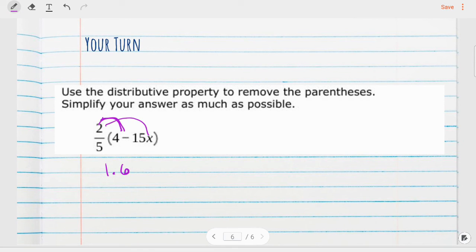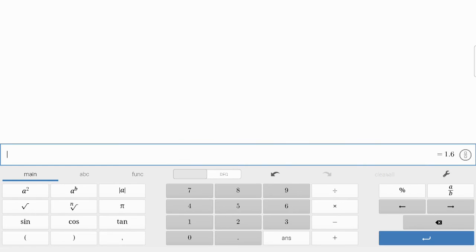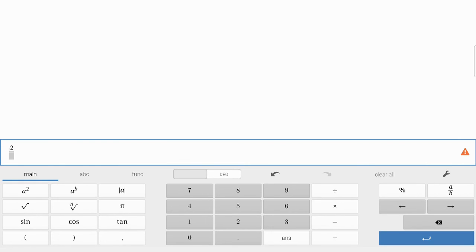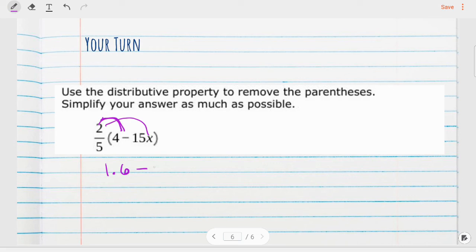That is okay. Minus, what is 2/5 times 15? Gives me a grand total of 6 minus 6x. And that's it. That's all I need to do is simplify, and I am done.